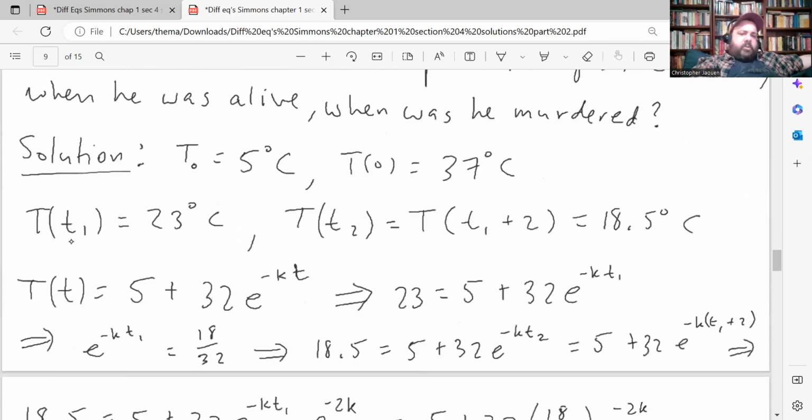So at T1, which was 10 o'clock, the temperature was 23. T2 is noon. His temperature was 18.5. Noon is 2 hours past 10, so T2 is the same thing as T1 plus 2.